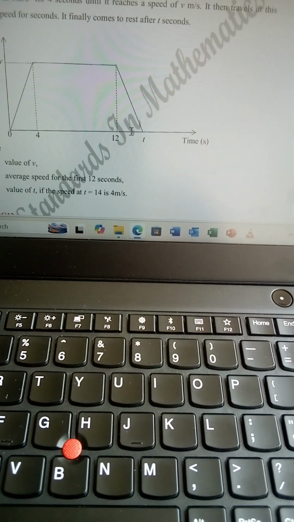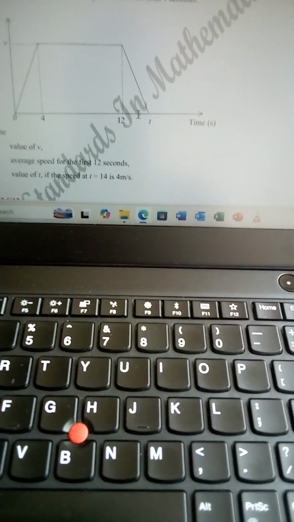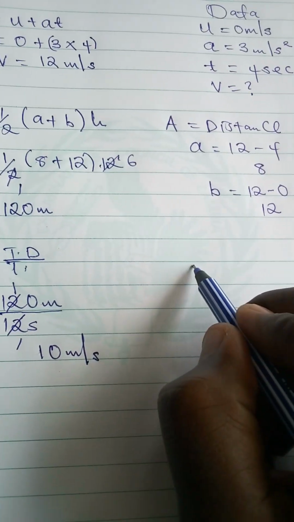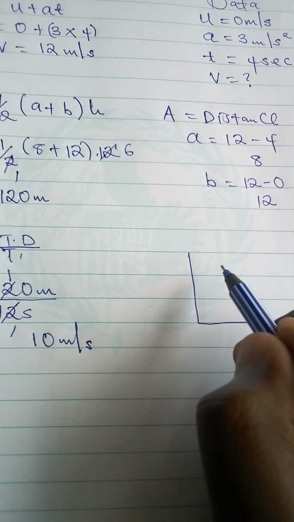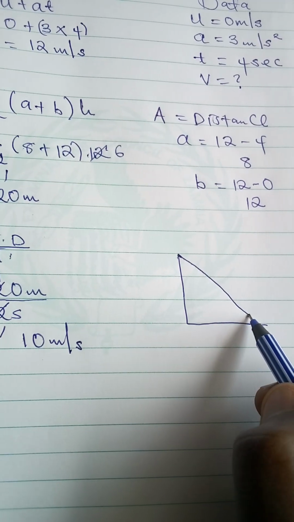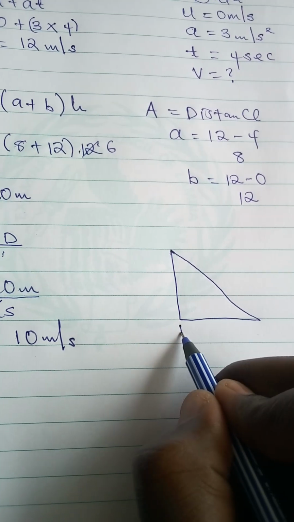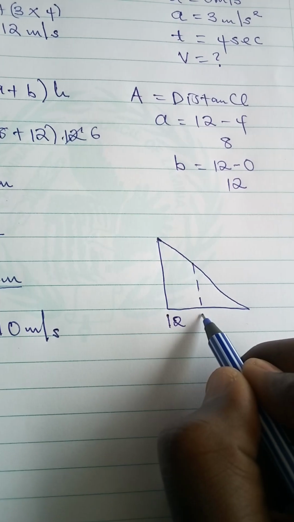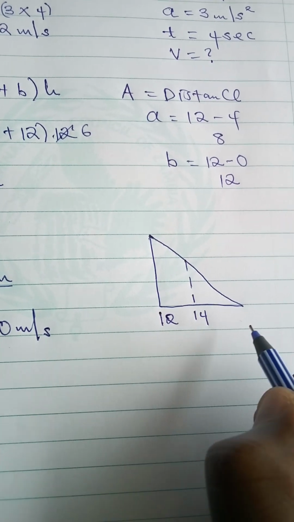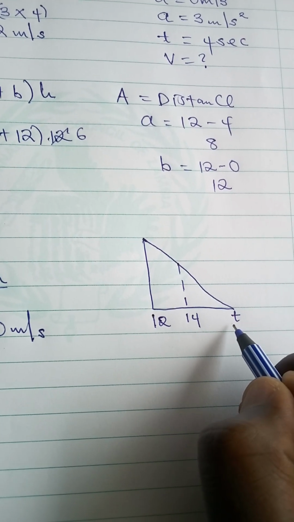So you are going to draw a triangle like that. They are showing 12 meters. So if you estimate 14 seconds is supposed to be here, and then they are having t.